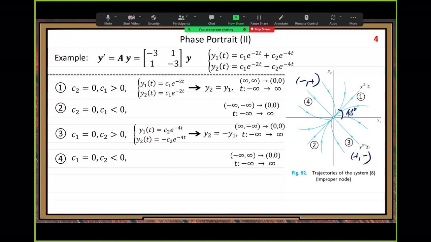So the arrow is like this, type 4. It's just half of that line. The end point is the origin, all end up there, because when we change t, we always change from smallest to largest. At the end, all end up at the origin. 1, 2, 3, 4.